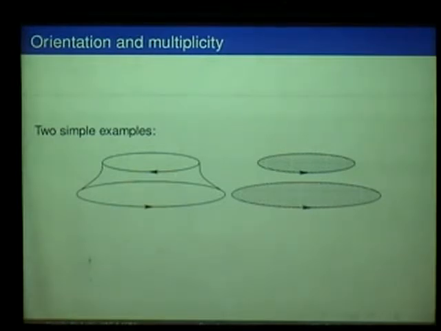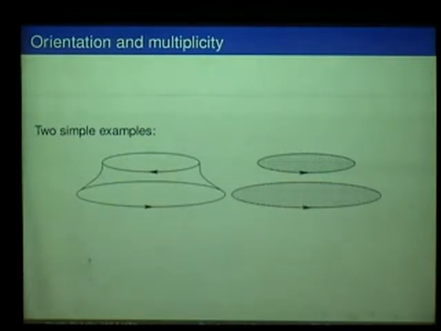Now, of course, if you pull the circles very far apart, then it's more convenient to take a disk over here and a disk over there.